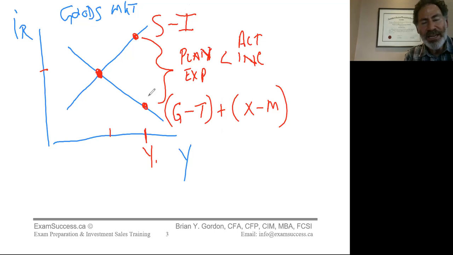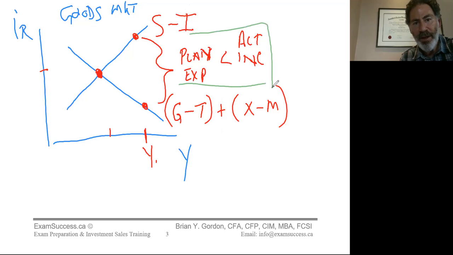I wouldn't even try to link it up here. What I would try to do, if you want to link it up to the savings and such, here's the language, and this is what I want to try to give you. So for the exam, you're looking for this language about planned expenditures versus actual income or actual output, or they may use the language, and I'm going to write it here, I hope I can fit it in here.